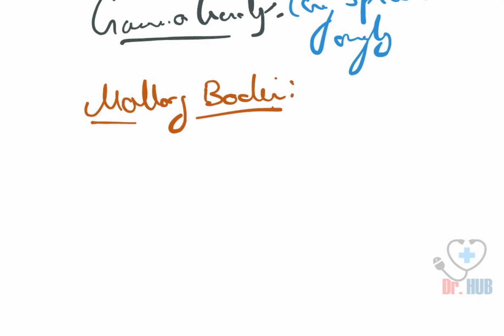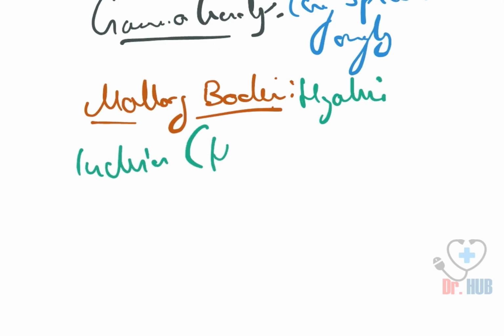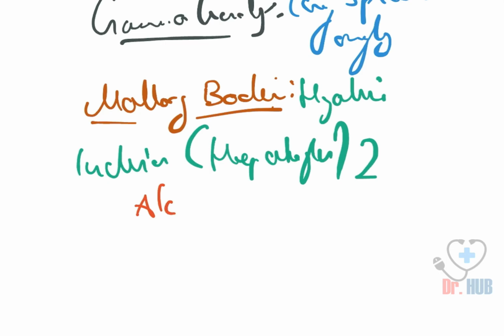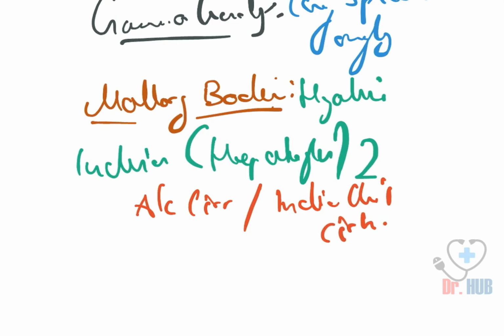The Mallory bodies are hyaline inclusions seen in hepatocytes. And they are seen in case of alcoholic cirrhosis as well as Indian childhood cirrhosis.